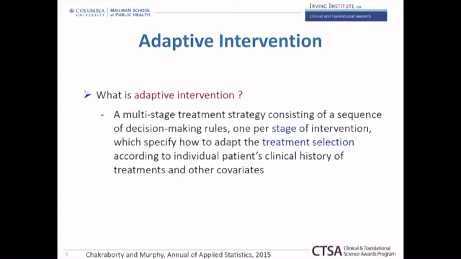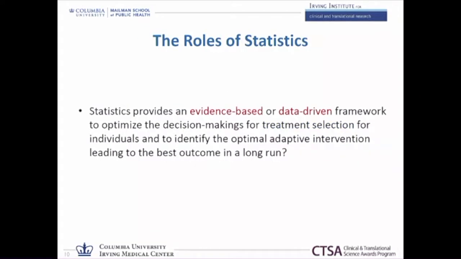Adaptive intervention is a multi-stage treatment strategy consisting of a sequence of decision-making rules, 1 per stage of intervention, which specify how to adapt the treatment selection according to an individual patient's clinical history of treatment and other covariates.